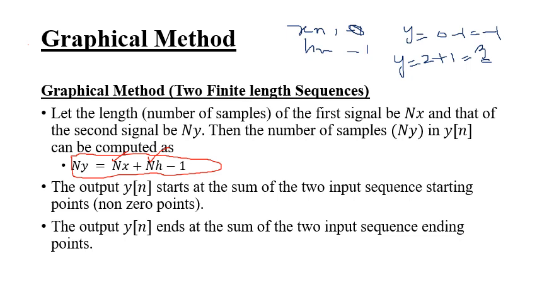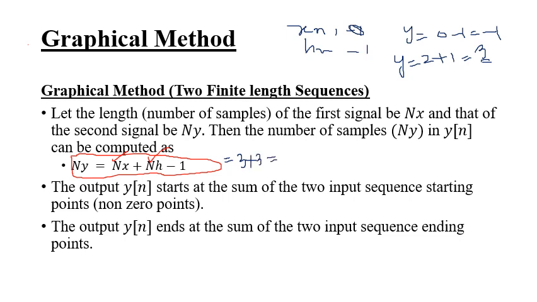Similarly, how many samples will be there? If you look at the previous example, the number of samples in the input signal was 3, and the number of samples in the response was also 3.